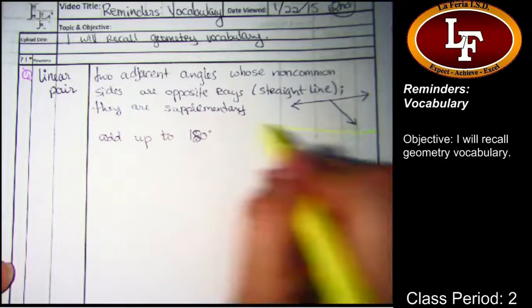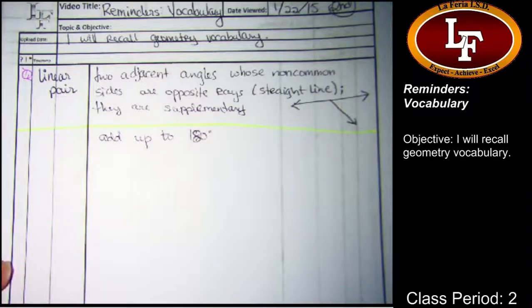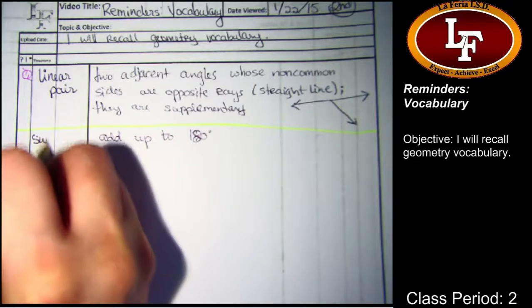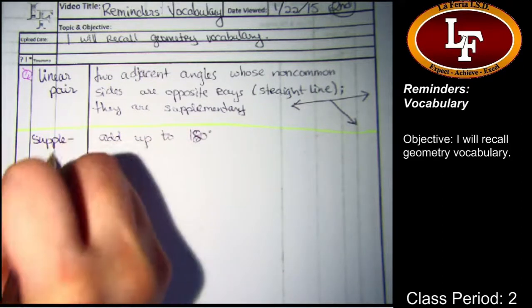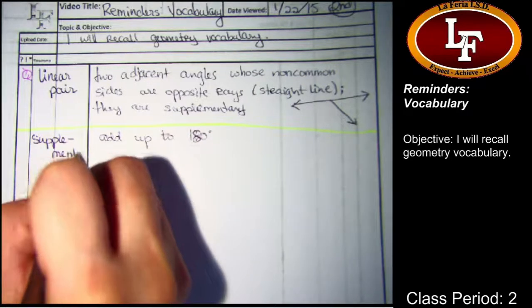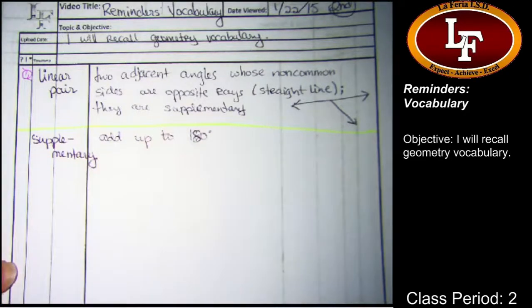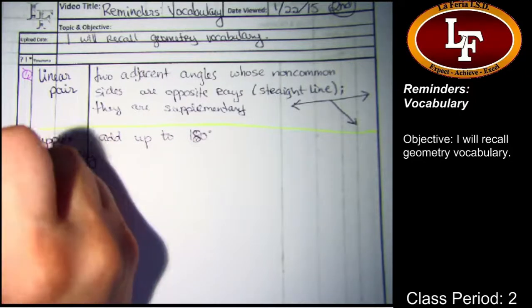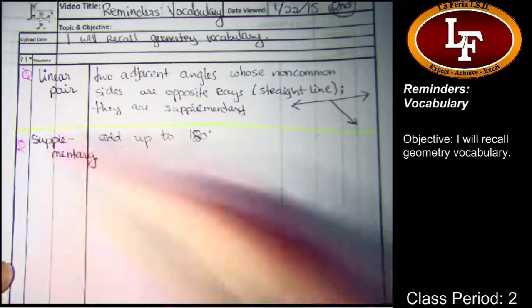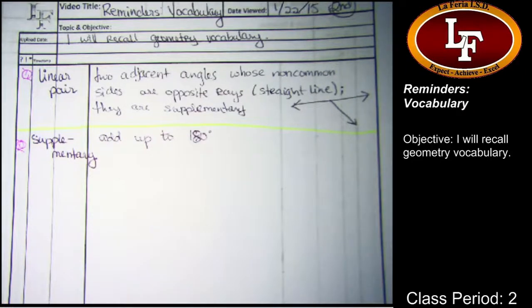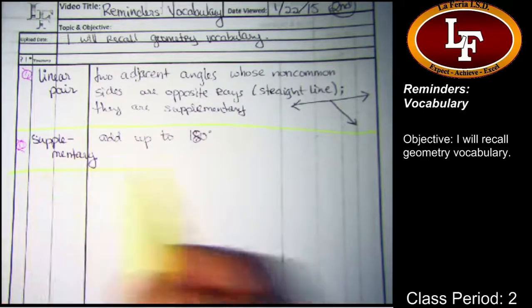I'm going to grab my highlighter and put a line right there because this is the next word for our recall moment. Supplementary. So there's our next recall. Adds up to 180 degrees.